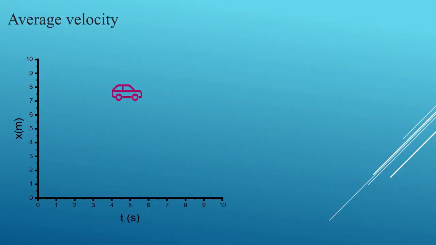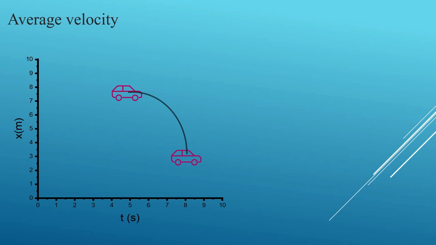Let's calculate the average velocity for this car. So now my car is moving this way, right? Do I really care about this? Like, do I really care about the path it is moving for the average velocity? The answer is no. So the only things I care about are the first and the last point, right?